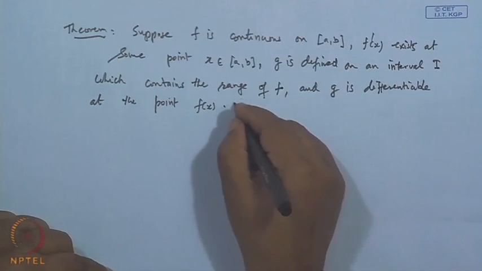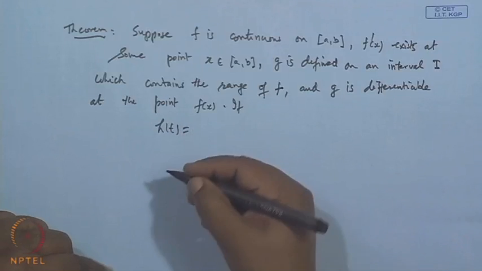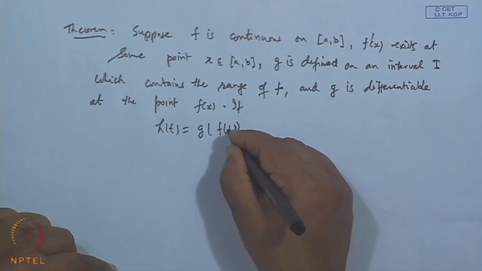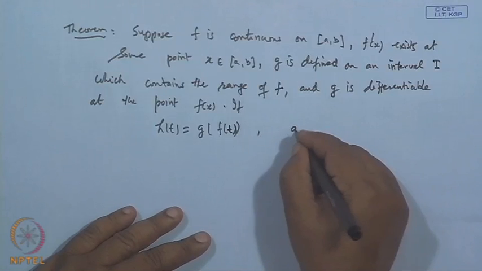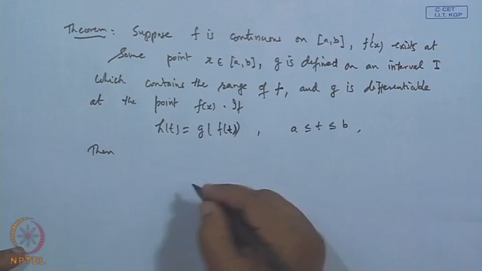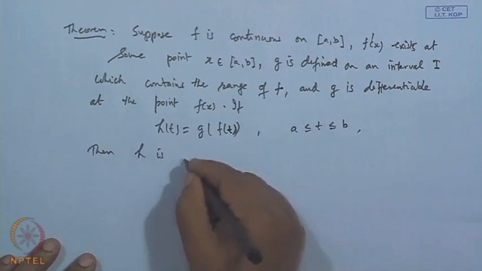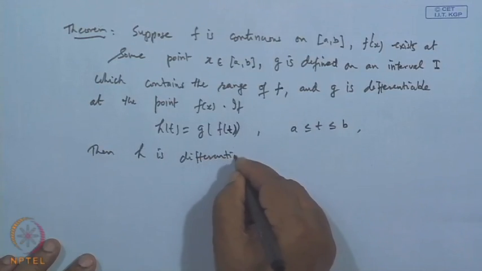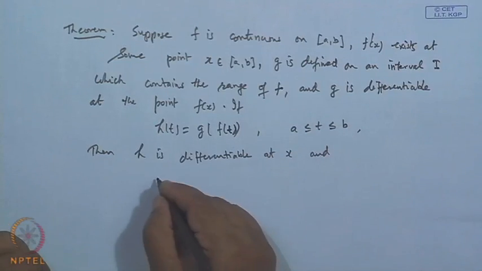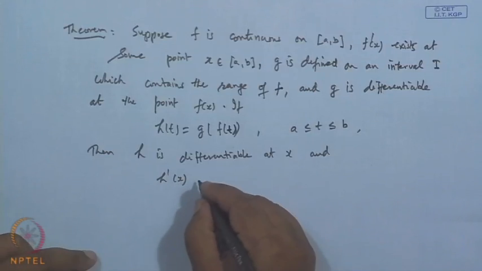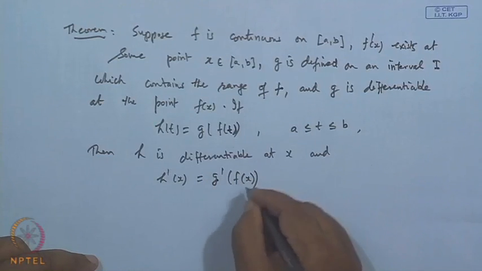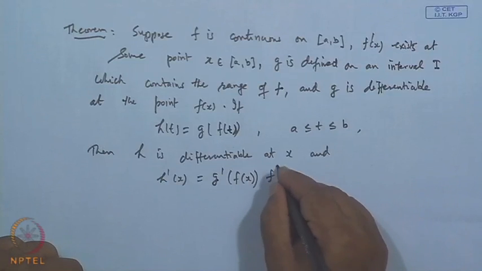Okay. Now, if h(t) equals g(f(t)) for t lying between a and b, then h is differentiable at x, and the derivative of this is equal to the derivative of g at f(x), times the derivative of f with respect to x.